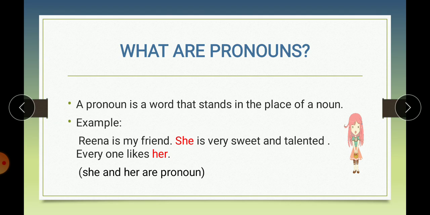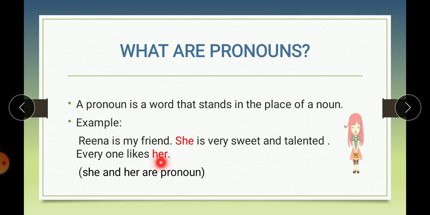A pronoun is a word that stands in the place of a noun. Example, Reena is my friend. She is very sweet and talented. Everyone likes her. Now, children, we could have written this in this way also. Reena is my friend. Reena is very sweet and talented.